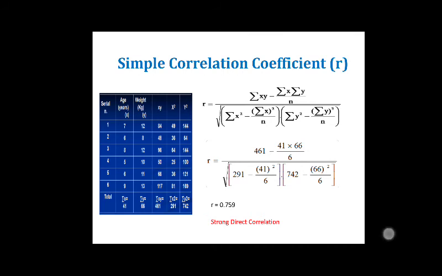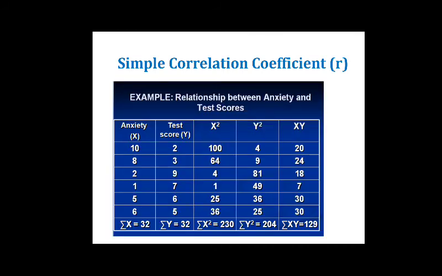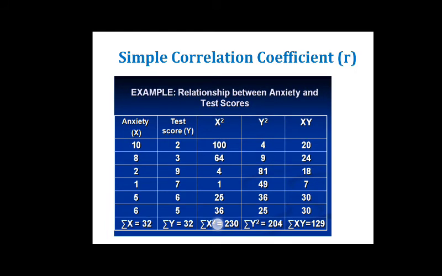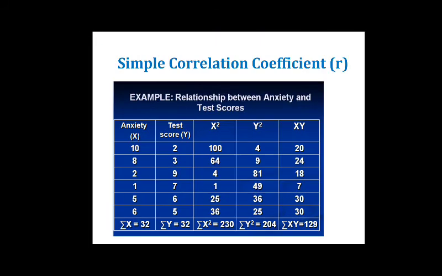Okay, there is another example. Here we are giving anxiety and test score: anxiety as x and test score as y. Again we calculate x square, y square, and x into y, and take the summations: summation of x, summation of y, summation of x square, summation of y square, and summation of x into y.